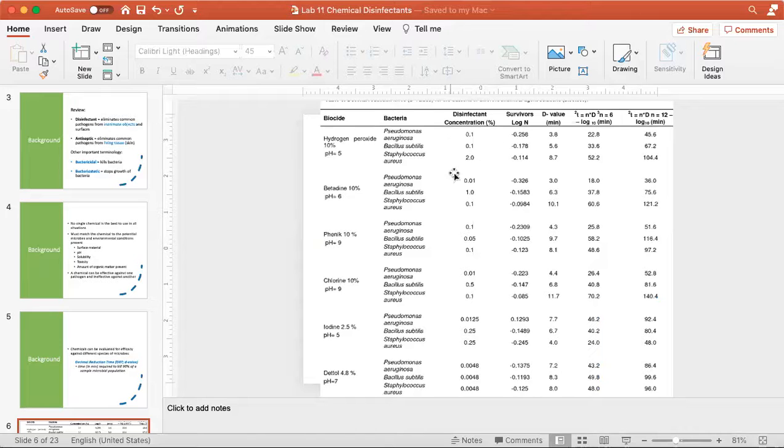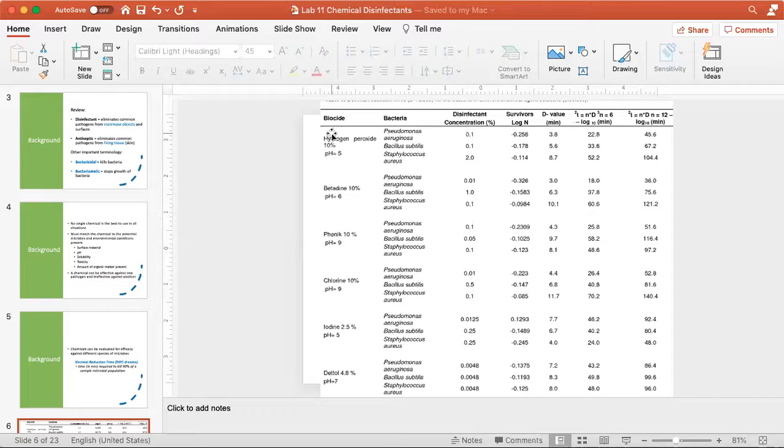Shows you the concentration that they were used at, and that's, you know, the manufacturer determines what concentration you need to make it up to. And then there's some other statistics here, but this is the one we're looking at, the D value, or the DRT in minutes. So let's think about what this means.